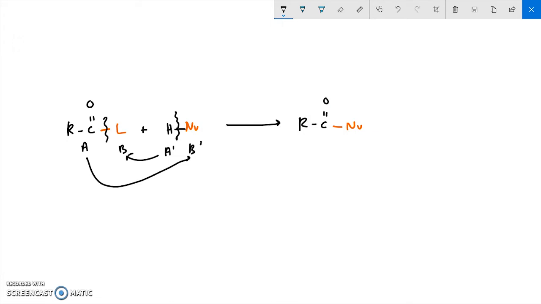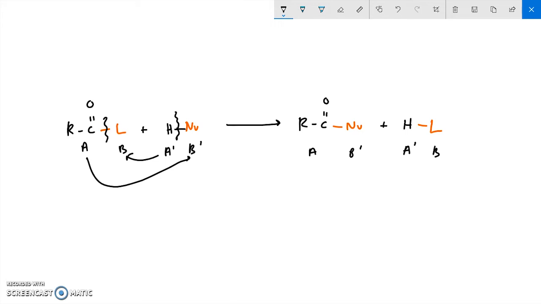As you can see, the nucleophile is the B prime, while the RC double bond O is the A. Next, we have another side product, which is H from the A prime, combining with B, which is the leaving group.